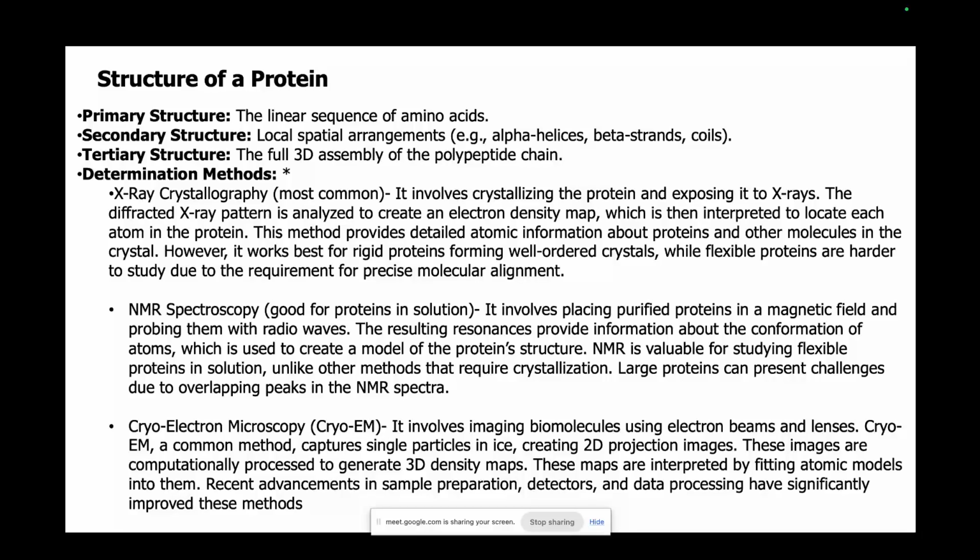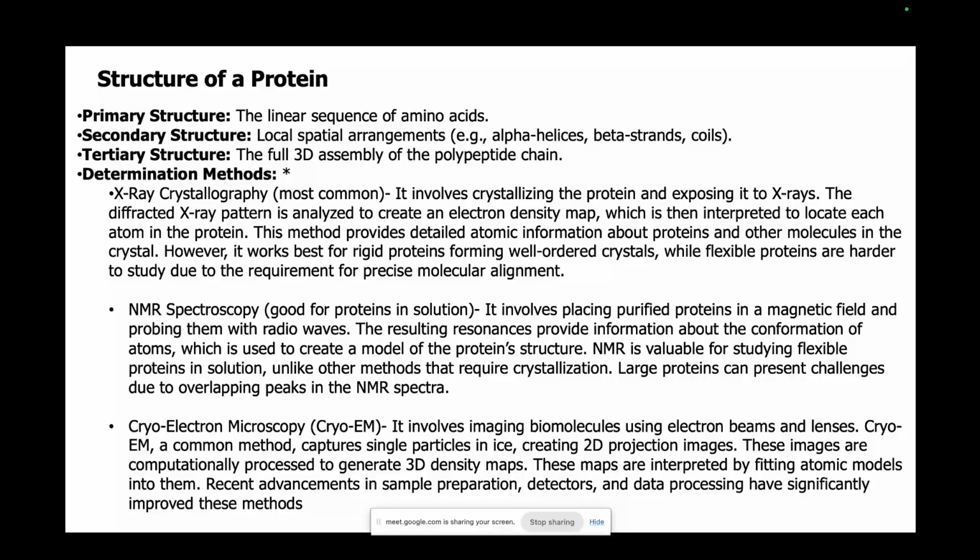NMR is valuable for studying flexible proteins in solution, unlike other methods that require crystallization, like X-ray crystallography. Large proteins can present challenges due to overlapping peaks in the NMR spectra. We're not going to go into details of the NMR method, but you should be aware that such methods exist.